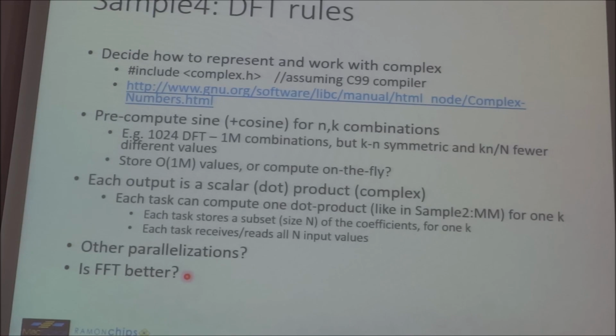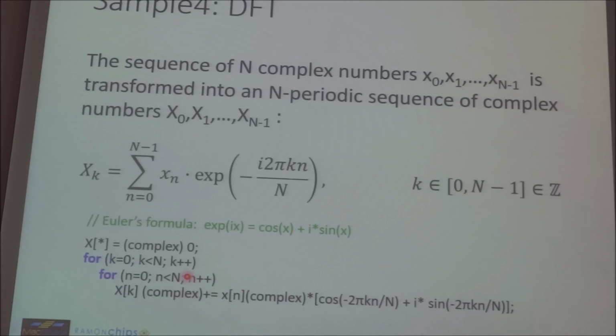For n element FFT, what is the complexity of DFT? How many, roughly, what order of computations we run in DFT? N squared, of course. Just like we need n squared for every n and every k. And both n and k count up to capital N. So n squared. What is the well-known complexity of FFT? N log n.